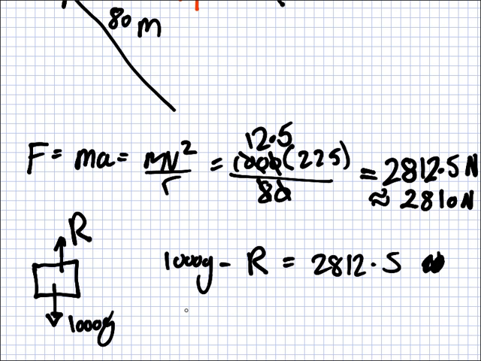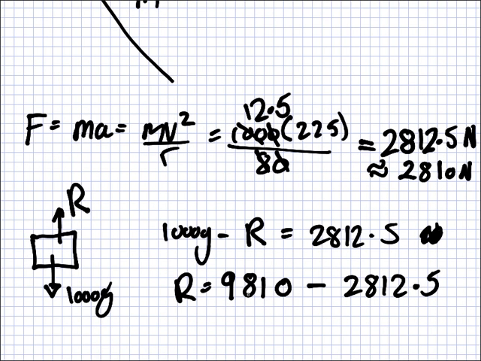So R would equal 1000 g, which is 9810, minus 2812.5, which is 6,997.5. To three significant figures, that would be 7,000.